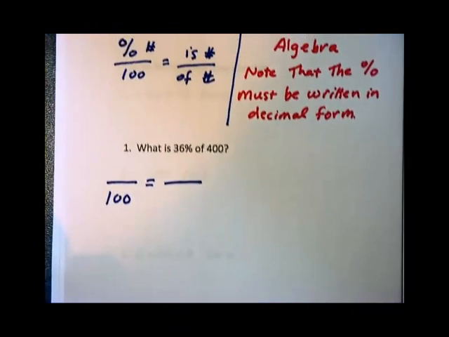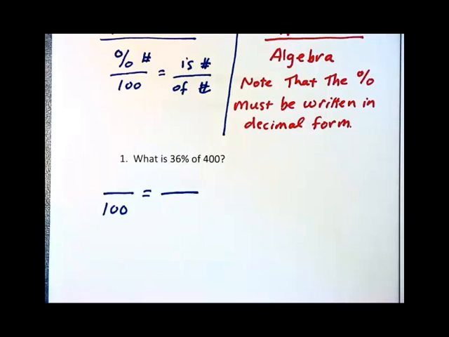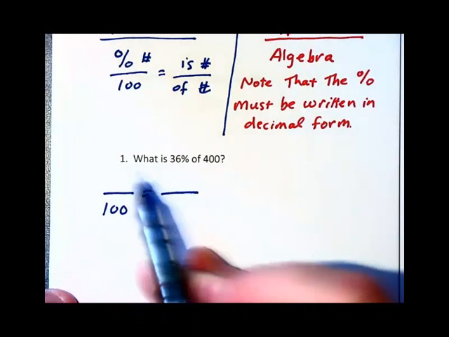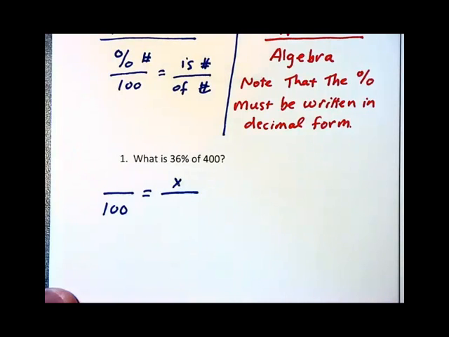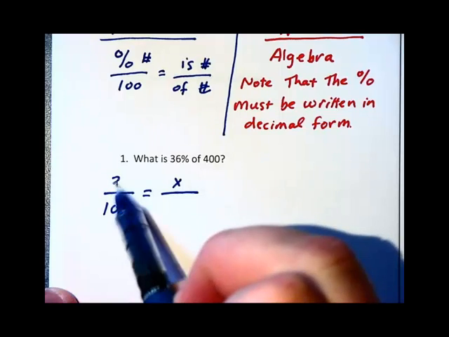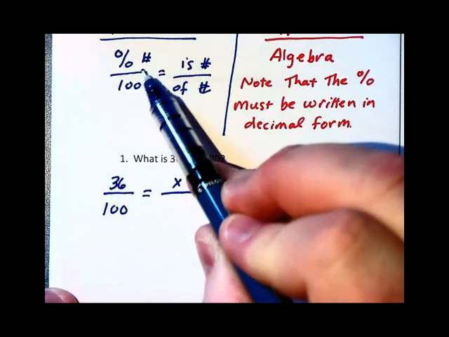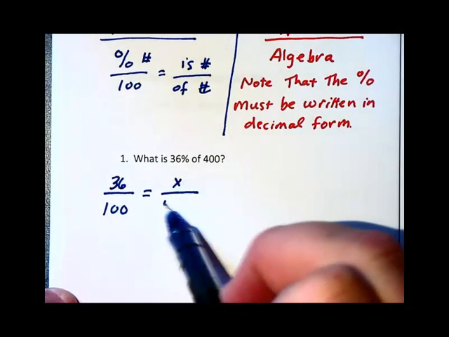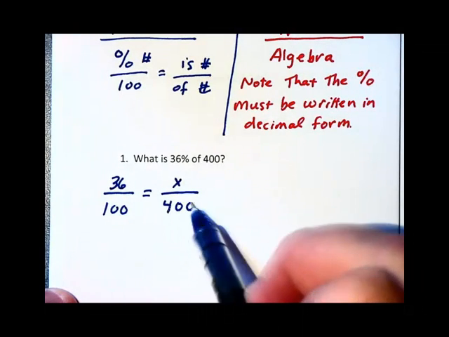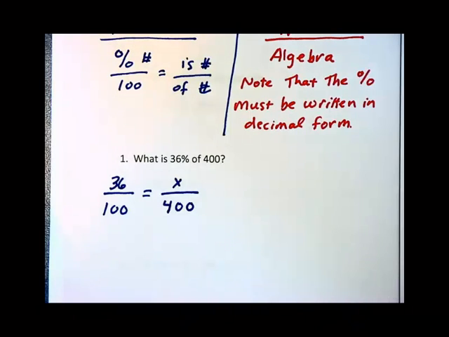If we go back up to our code list, the is number goes on the top right. We're missing our is number. What is 36% of? 36 is our percent number, and the percent number goes up in the top left. Of 400. And there's our of 400 right there.